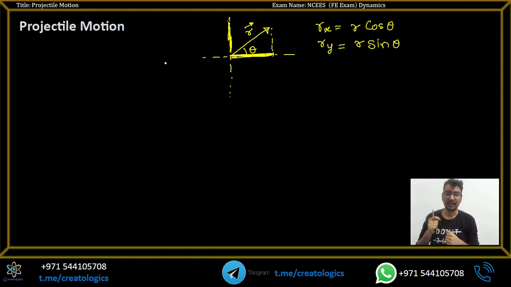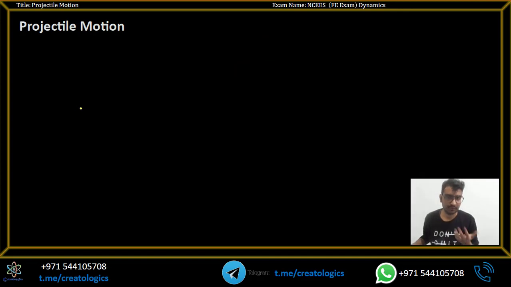Now, the projectile motion. For example, if you throw a football, it will trace a path like this. This parabolic path is our projectile.